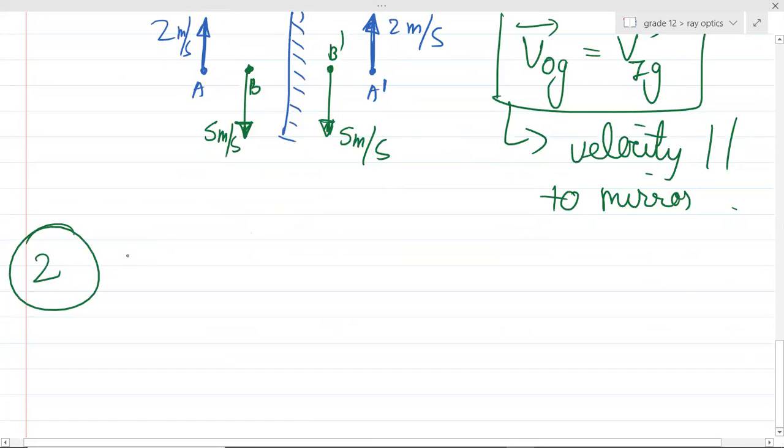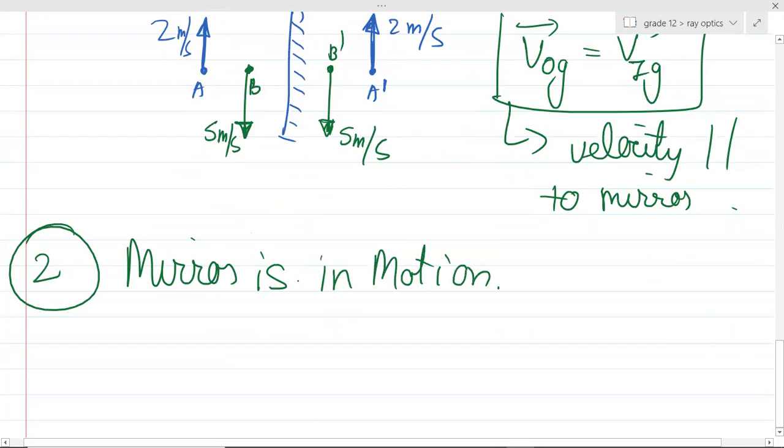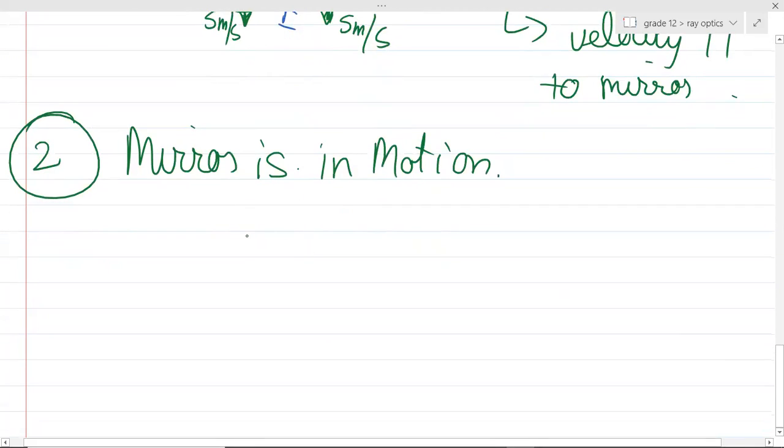So the second case is basically, now when the mirror is in motion, everything will go in relative. Now suppose, guys, I have a general question. Suppose this is the mirror, and let's say the mirror is moving in this direction with a velocity vm.